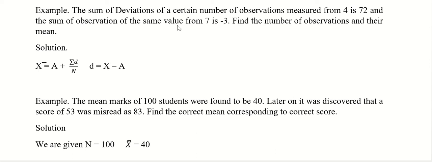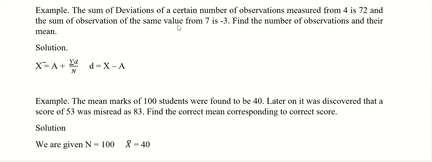So what information have they given us in this question? There are a few observations. So they have calculated the sum of deviation. If it is calculated from 4, it is 72.